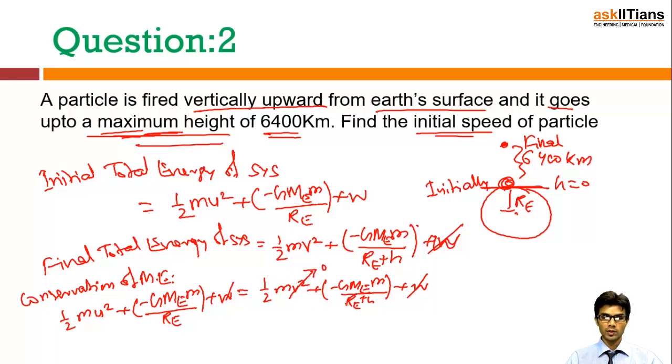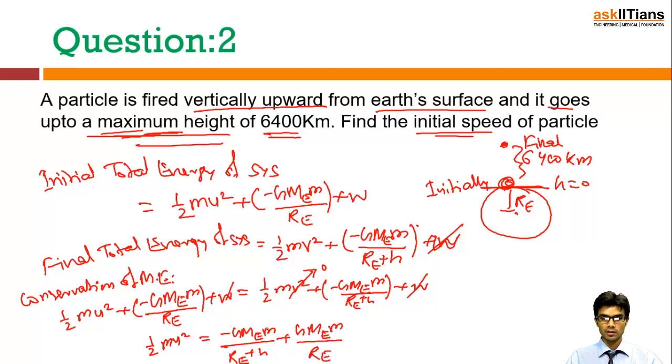We have to find the initial speed, u. So half m u square is equal to minus G M_E m by (R_E plus H) plus G M_E m by R_E.